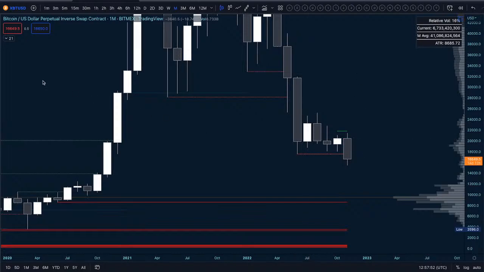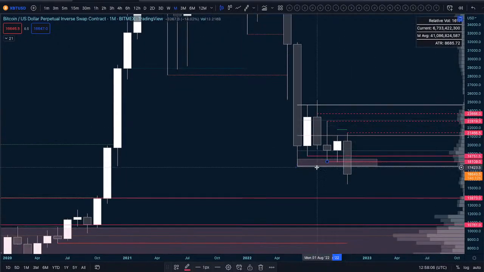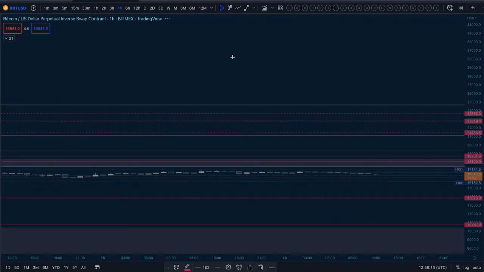So which level is that now? Let's find out. I would also like to mark this level out, because that's also kept the price right here. It was a very dependable, trustworthy level. Let's see what those represent.